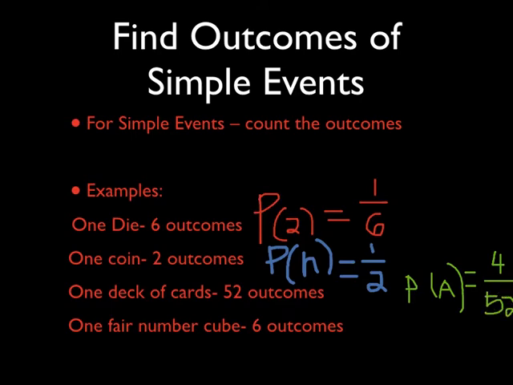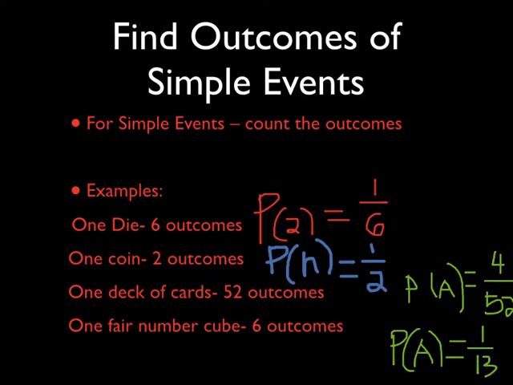Now, since it is a fraction, can you reduce that in simplest terms? Yes. If you reduce that, your final answer for the probability of getting an ace out of the deck of cards is 1 out of 13. So 1 out of 13 is your probability of getting an ace in a deck of cards.